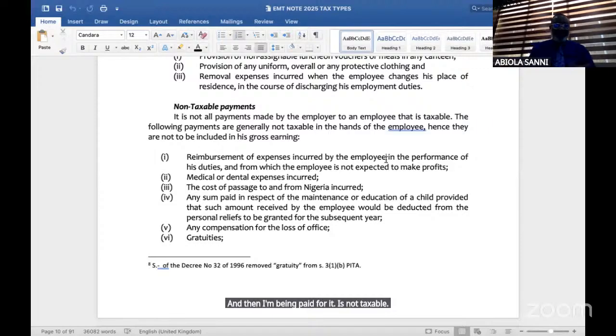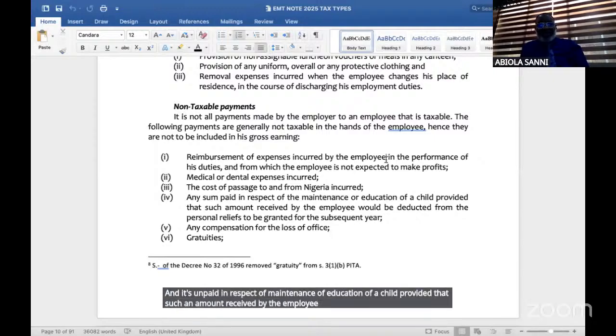Cost of passage to and from Nigeria is not taxable. Any sum paid in respect of maintenance or education of a child, provided that such an amount received by the employee will be deducted from the personal relief. That overlaps with certain relief, which you will see. Then any compensation for the loss of office.